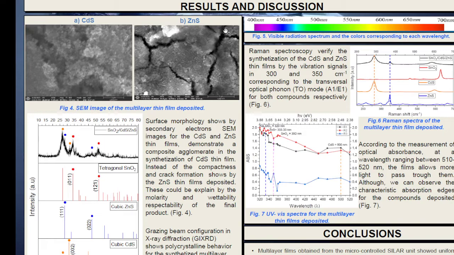We are developing some new techniques or some new composites, trying to avoid the crack formation. So we can explain these two synthesizing forms by the wettability and molarity of the final product.